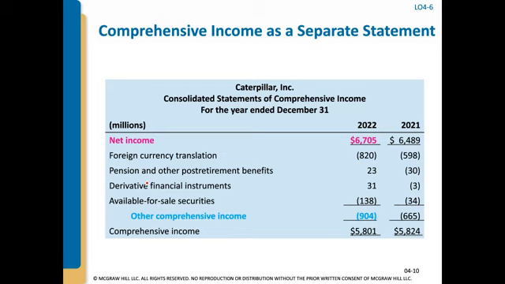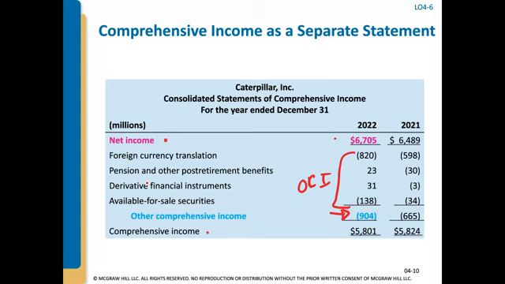This is just another example of a separate statement of comprehensive income, just like Microsoft reported it, where it starts with the net income number from the income statement that's reported right above it, and the OCI items for the current year to give us the other comprehensive income.